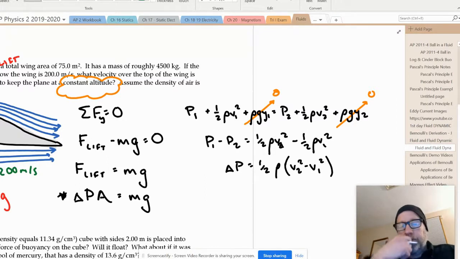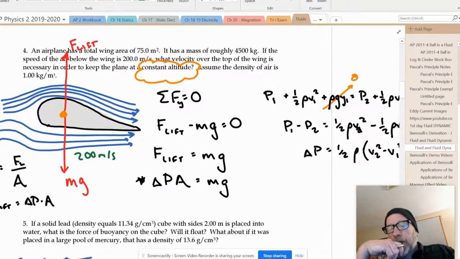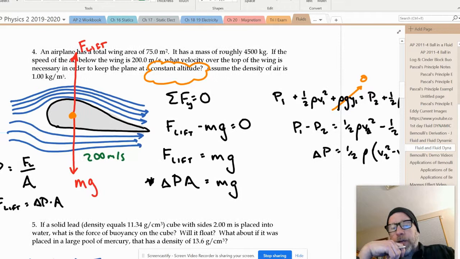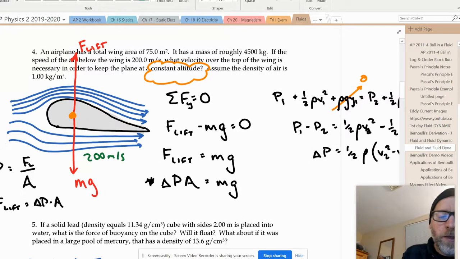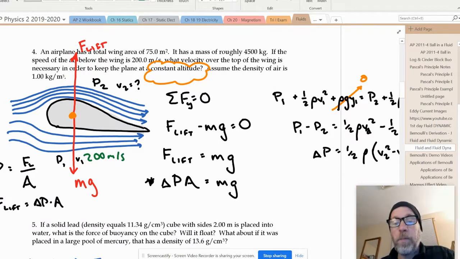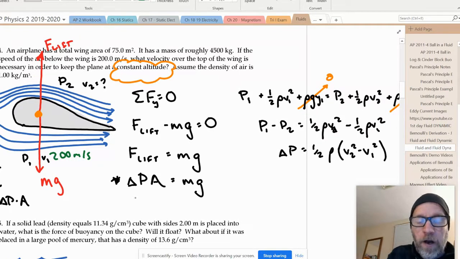All right. Now, P1 and P2. P1 is going to end up being greater. Down at the bottom, P1 is greater than P2. So this is going to be V1, and V2 is going to be the speed at the top of the wing. Now over here, I already said that the difference in pressure is going to be mg divided by A.